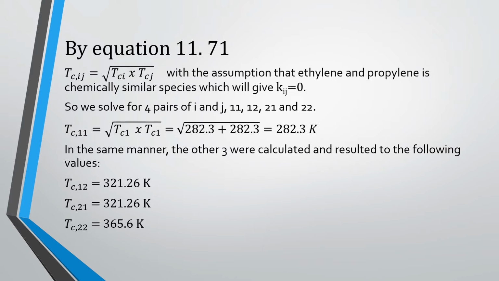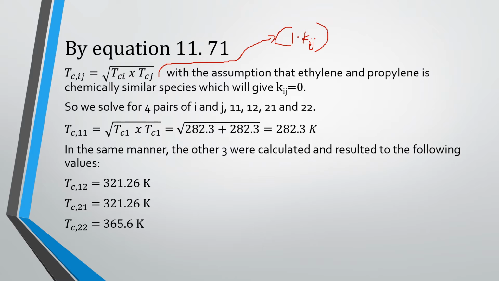Next, we solve for the critical temperature of each ij pair, but first we need to note that this formula, equation 11.71, is supposedly multiplied by 1 minus Kij, where Kij is the empirical interaction parameter of each species.